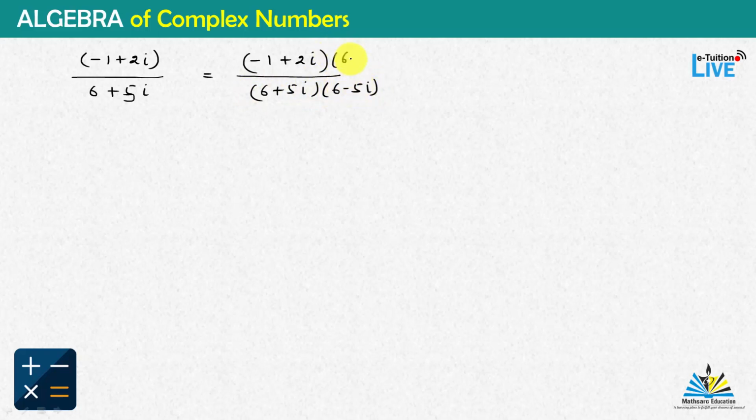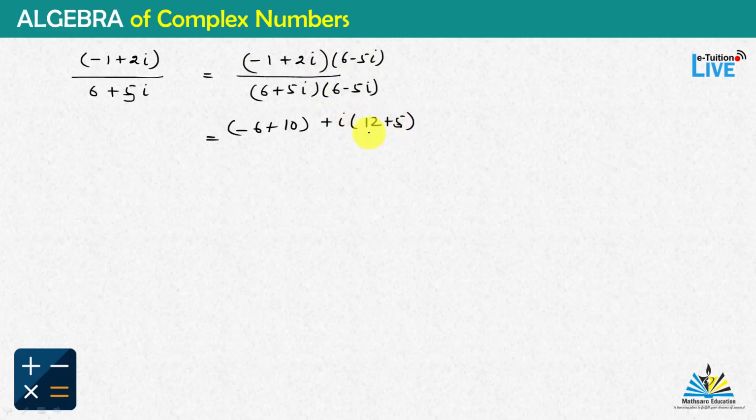So this is 6 minus 5i, that is minus 6 and plus 10, 5 into 2 is 10, minus i square, so plus 10, plus i times 2 into 6, 12, and this is plus 5.